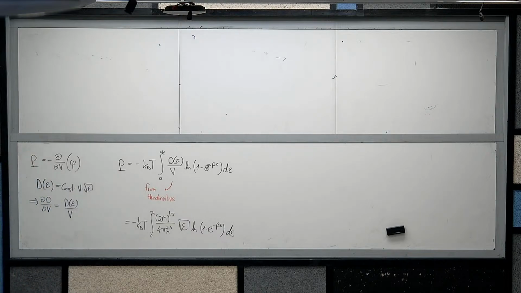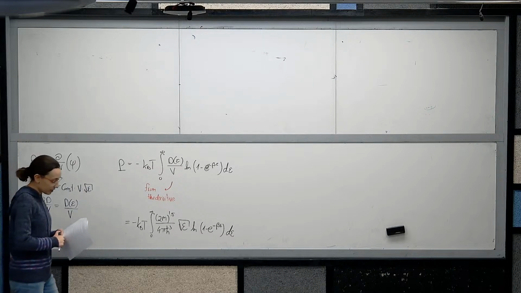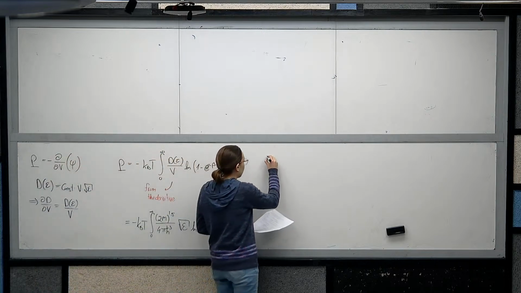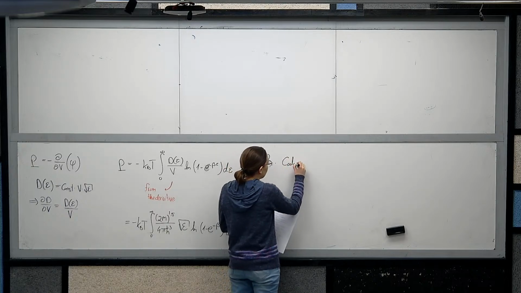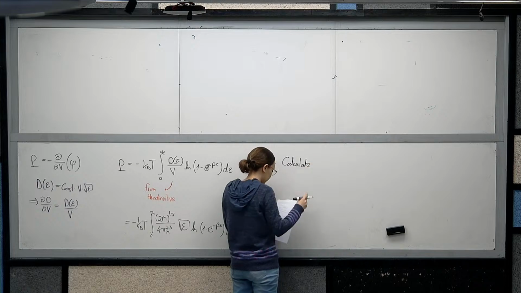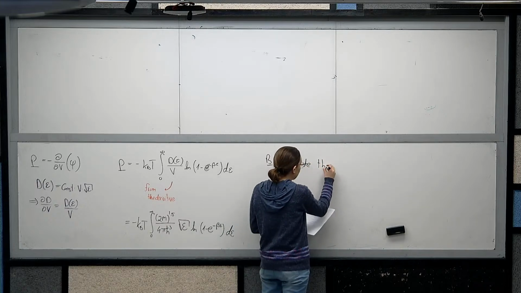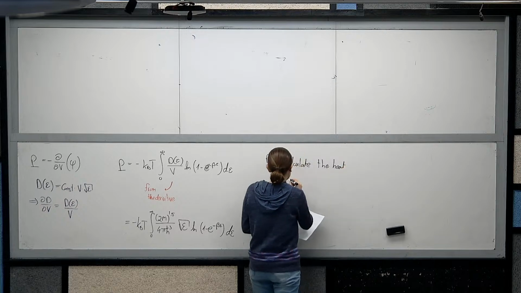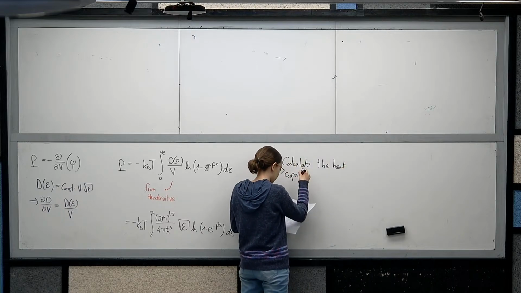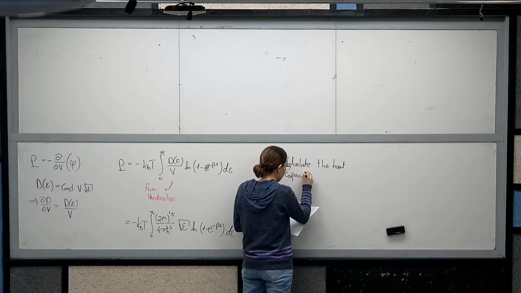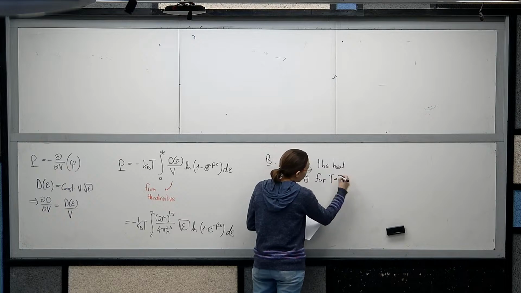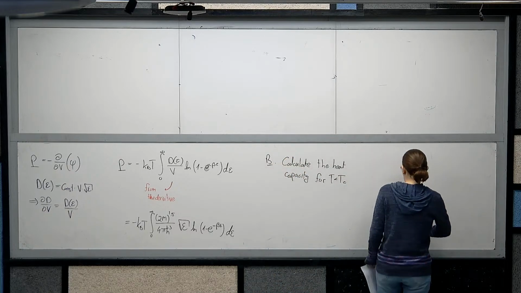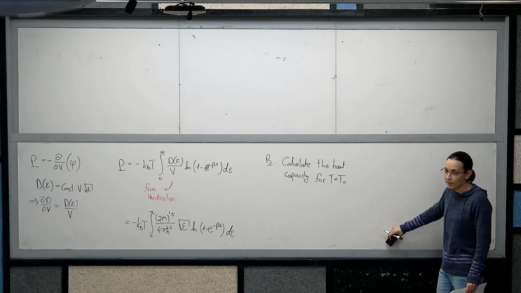Okay. So far it's fine? Great. So we're moving to the next section. And now we want to calculate the heat capacity, again for temperatures that are smaller than the critical temperature, because then we can take this gas as boson gas and not as classical gas.